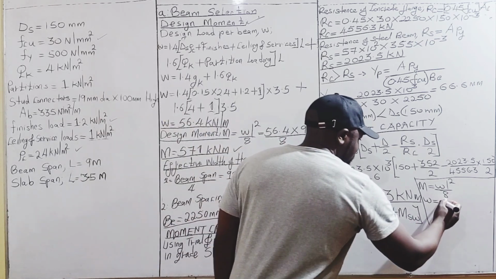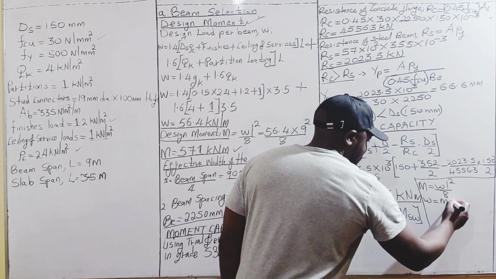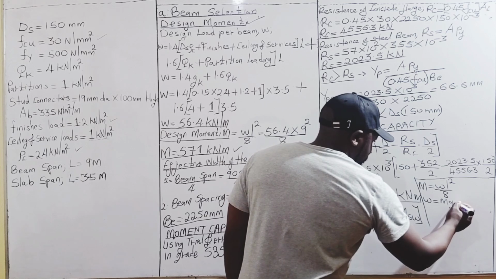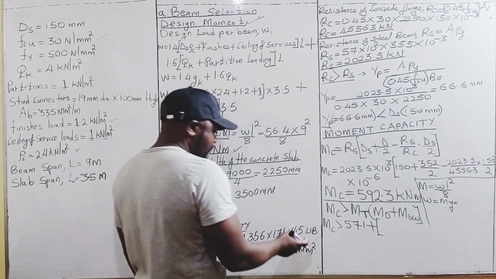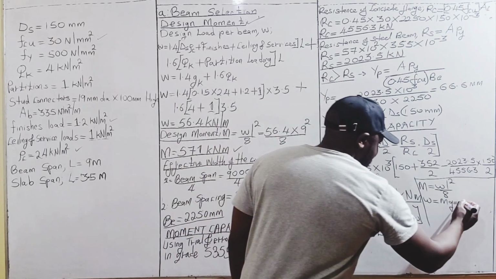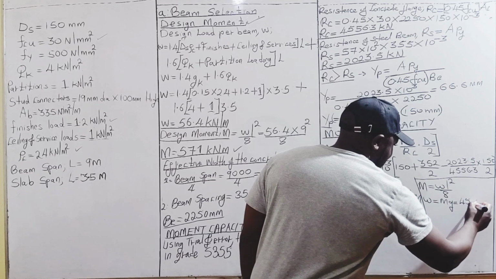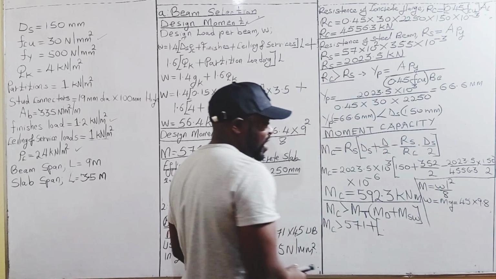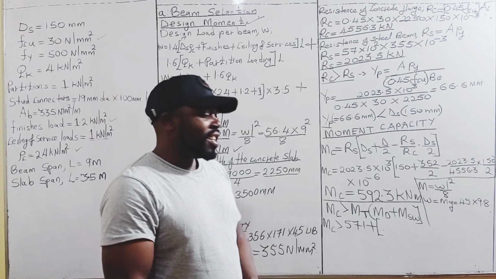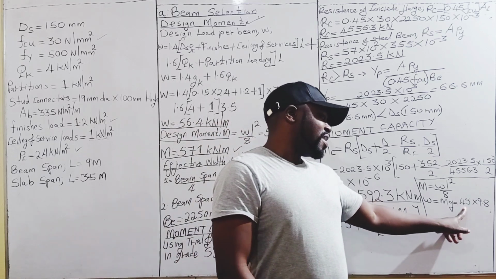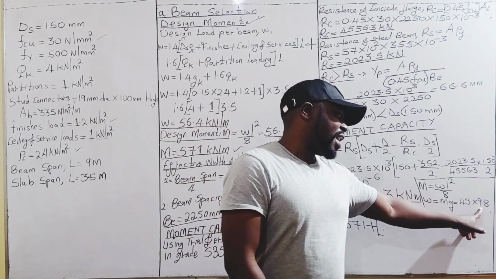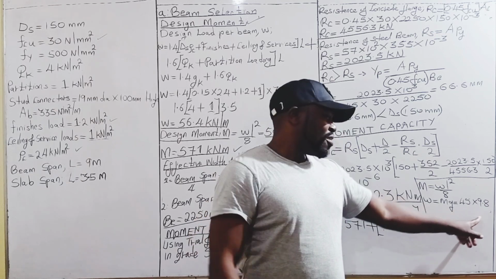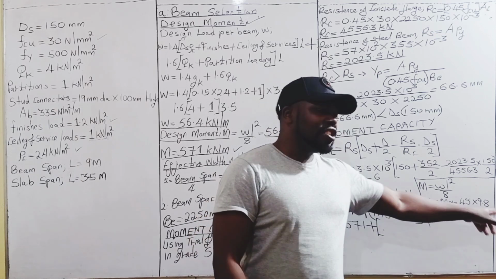And weight is usually given by mass times the force of gravity. Therefore, the mass of our beam section is 45 kgs per meter and gravity is usually given by 9.8 newtons per kg. So when you multiply 45 kg per meter times 9.8 newtons per kg, we are going to get the weight in newtons.